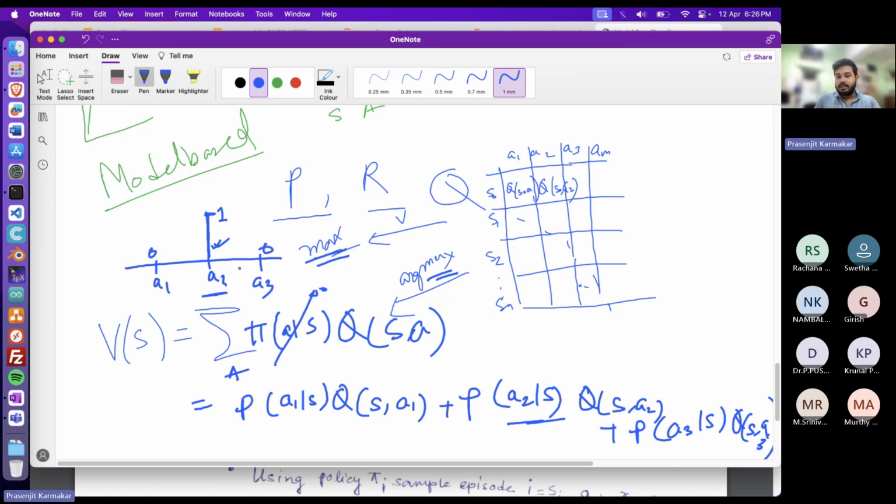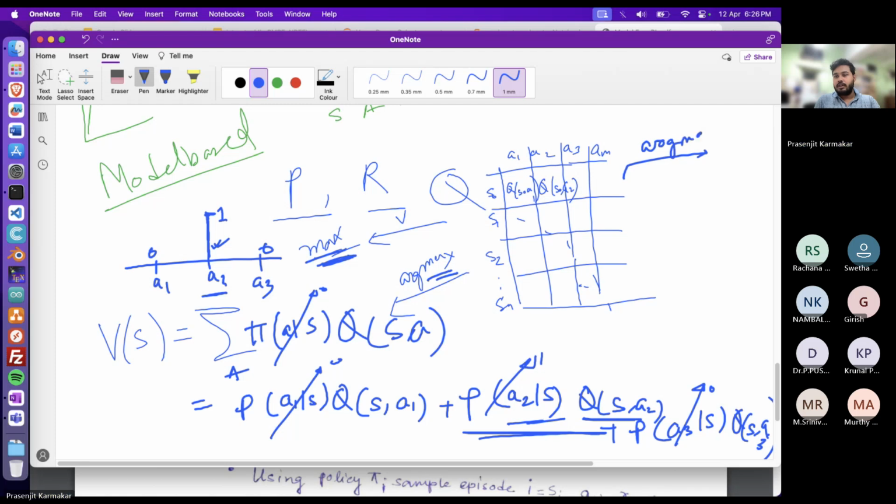Only one would be one, and the other two will be zero. So just the maximum one remains, Q(s, a2). That's why taking the max gives you the value function. The logic is: if I take the argmax to get pi, then I can take the max to get the value function.